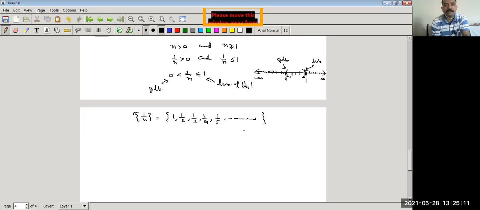So we can observe that this set is decreasing and it goes toward 0. As n goes to infinity, it goes toward 0. So 1 is the highest among all the numbers, so we can say 1 is the LUB. This is the least upper bound, LUB, and even 0 does not belong to this set, so we can say 0 is the greatest lower bound of this set.